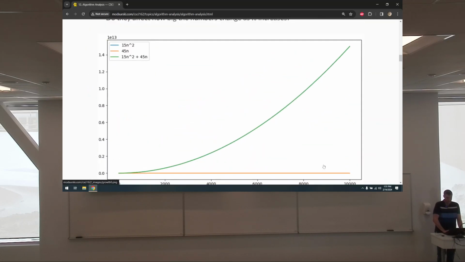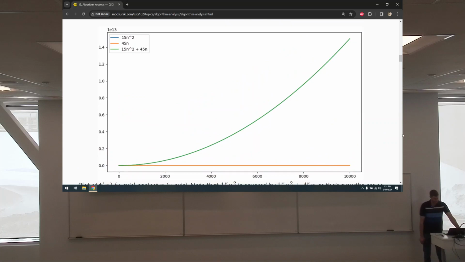In fact, if we show this plotted, I am plotting 15n squared, 45n, and 15n squared plus 45n. Now, it's hard to really tell here, but the green and blue lines, because of the scale, like look at the scale, times 10 to the 13, the green and blue lines are basically on top of each other.